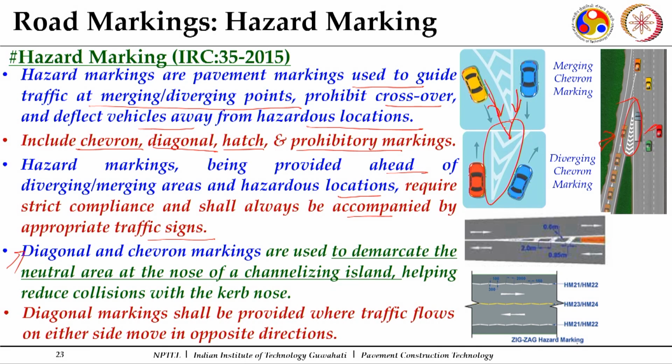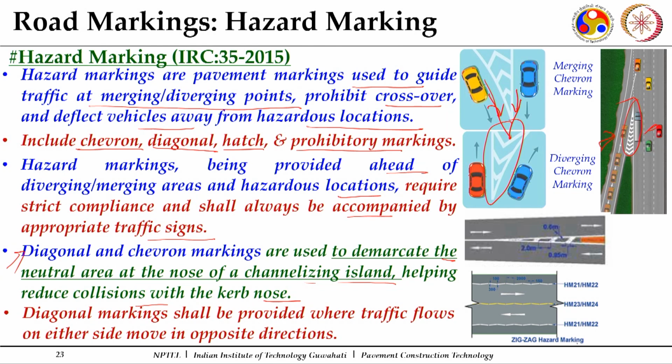These chevron markings help you, and they specifically give us the neutral area at the nose of the channelizing island. You can see this is a channelizing island; at the nose of it, it gives a neutral area, and that helps you avoid vehicle collisions, specifically with the curved nose. This is a wonderful advantage of these chevron markings.